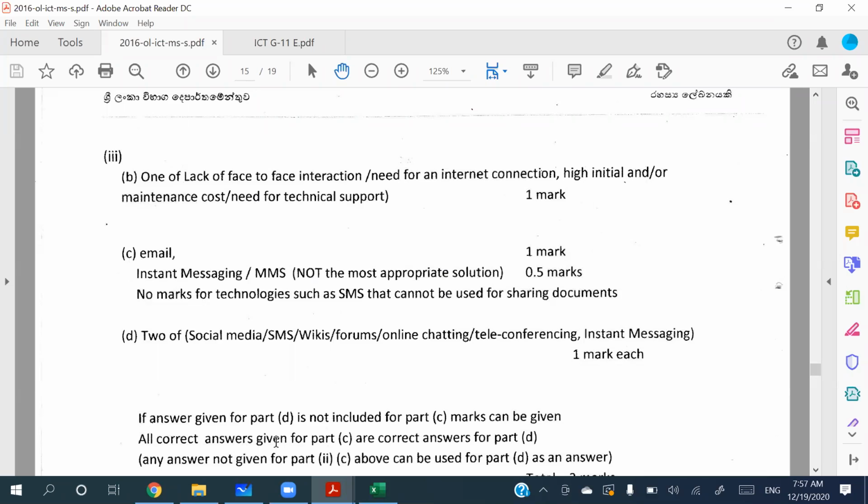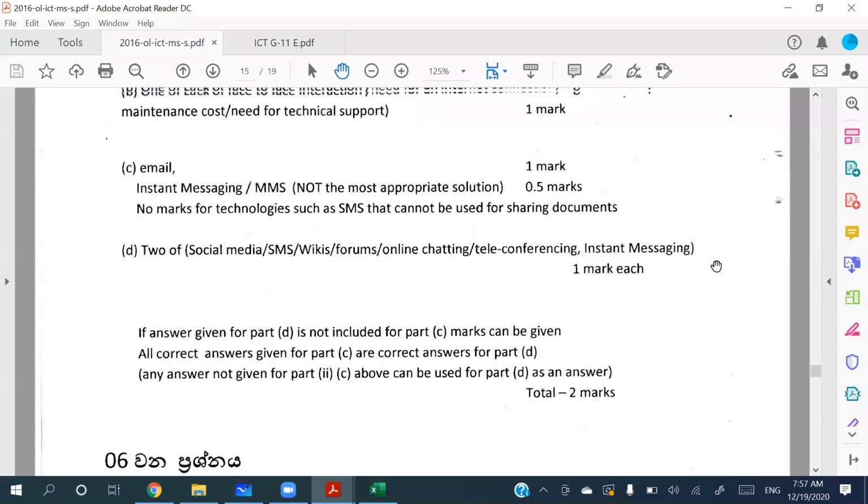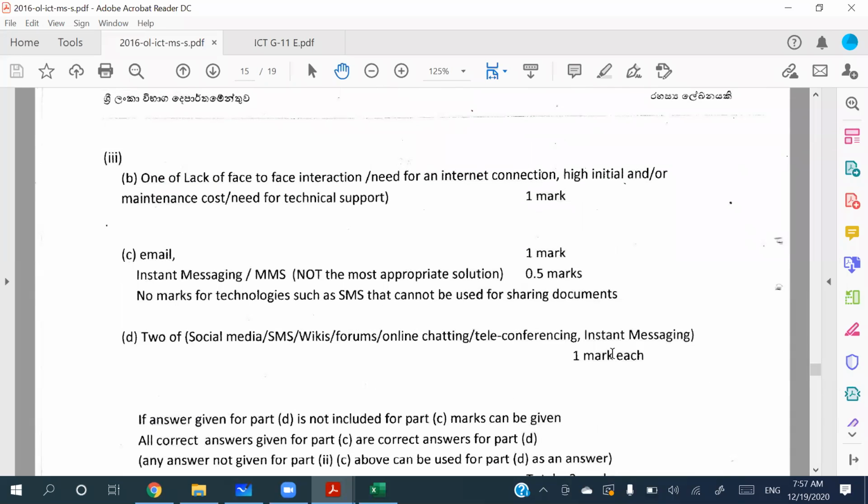All right, so people, there are some things they have mentioned. Hold on. If an answer given for part D is not included in part C, marks can be given. All correct answers given for part C are correct answers for part D. Some general stuff. So you can have 1 mark for each. That means D part is going to have 2 marks.